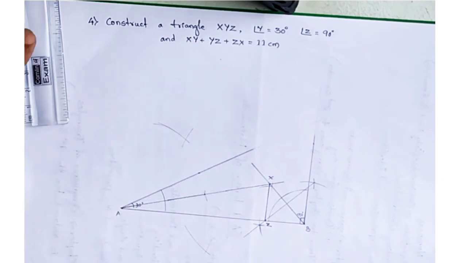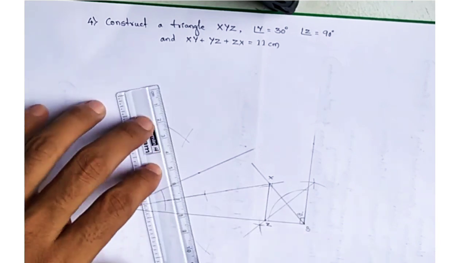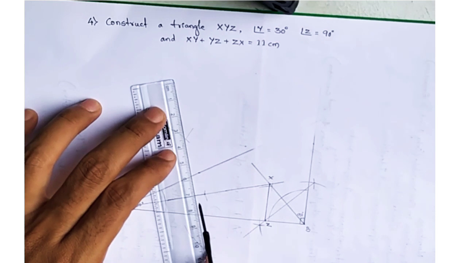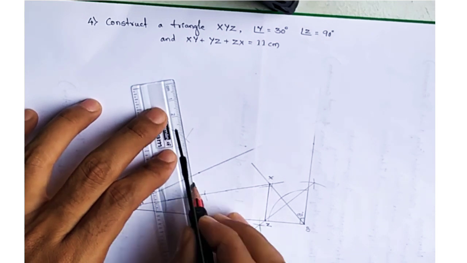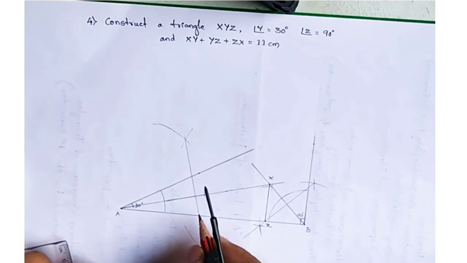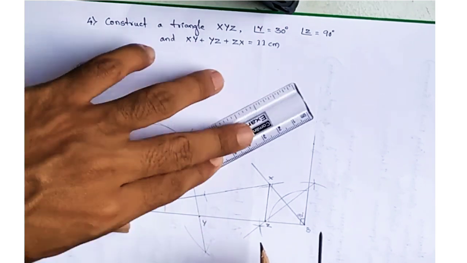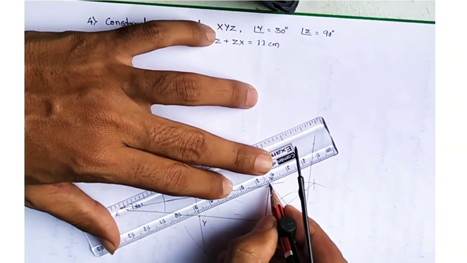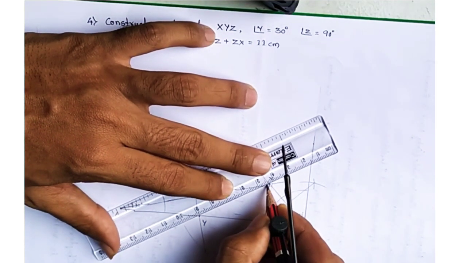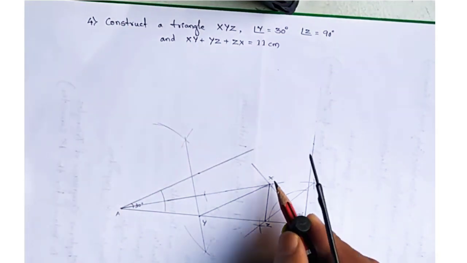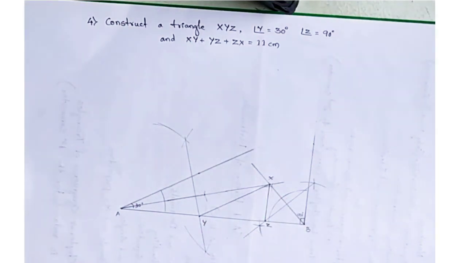That perpendicular bisector will touch AB at one point. That point will be our Y. Join YX. Now we have got XYZ.